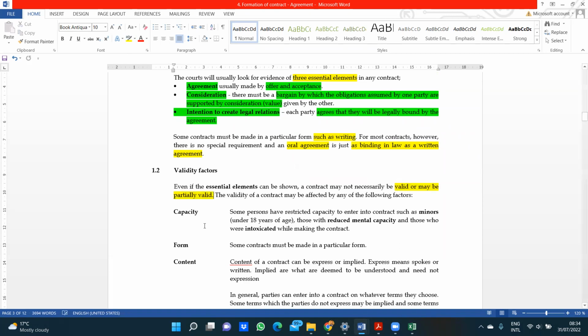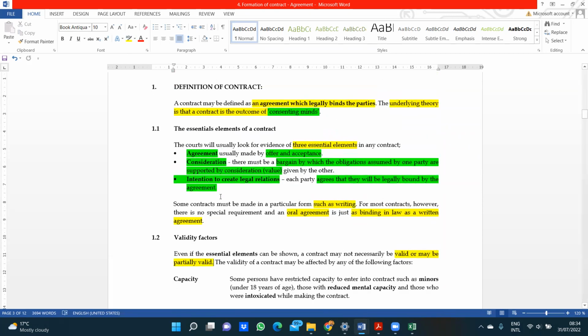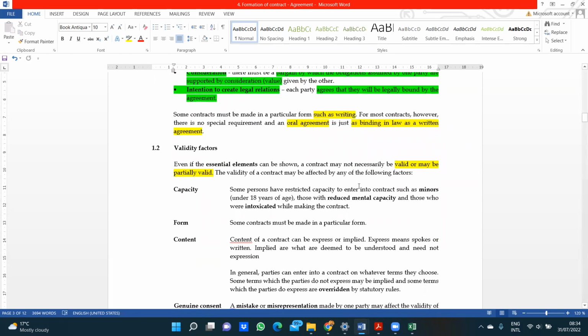So even if this has been proven, the contract may not necessarily be valid or may even be invalid, partially valid, sorry. The validity of a contract can be affected by the following factors, which we are going to discuss below.